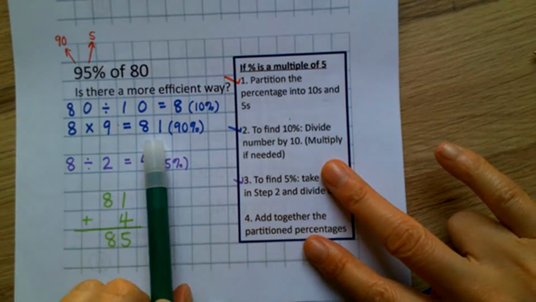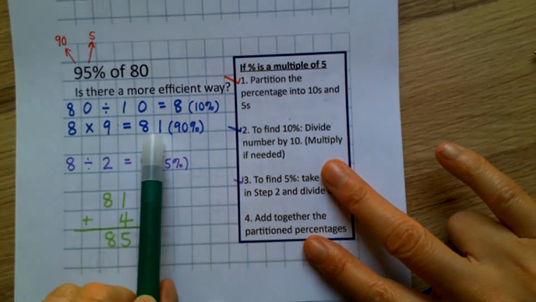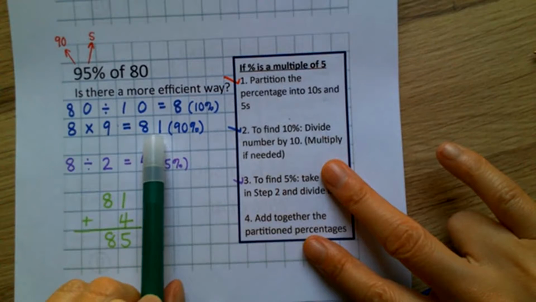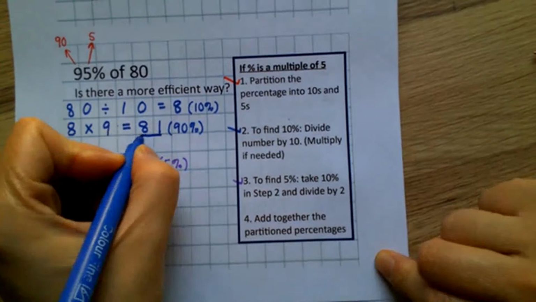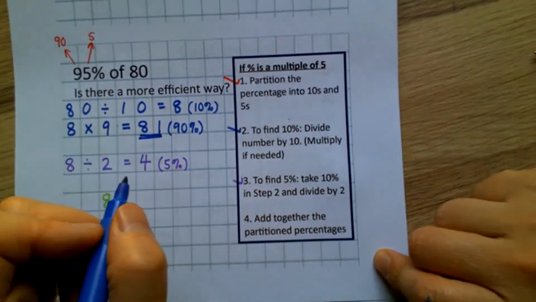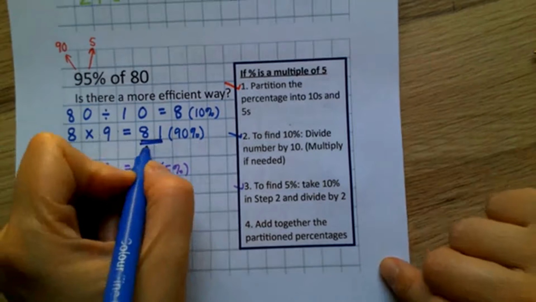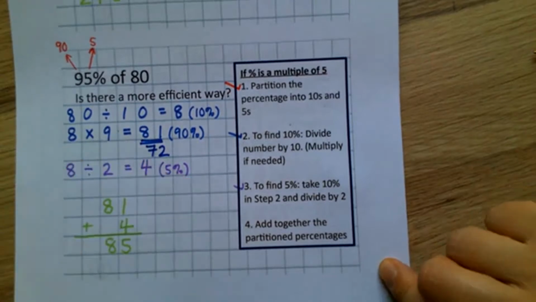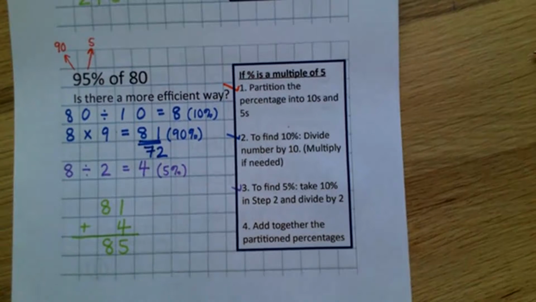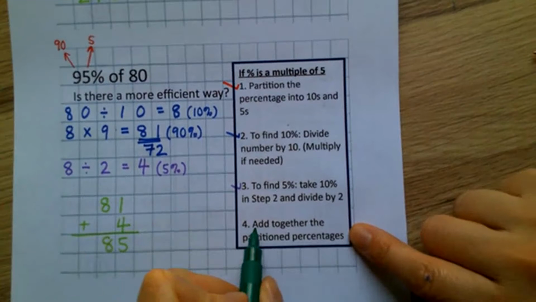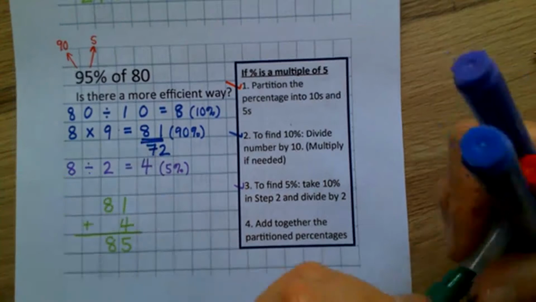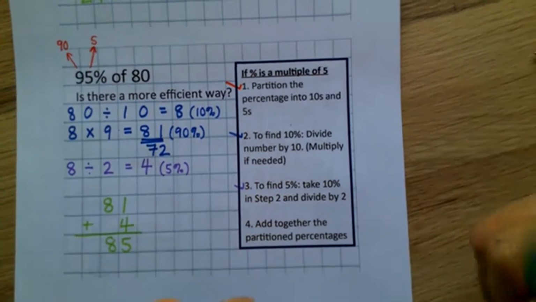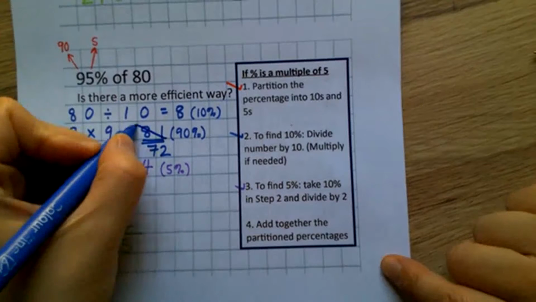But that doesn't sound right because that's more than... what's 8 times 9? 72. Good catch. Okay, so now that I know where I've gone wrong, I'm going to go back to my step 4. I'm going to add my partition percentages. I know that this is no longer 81 because I did 9 times 9.